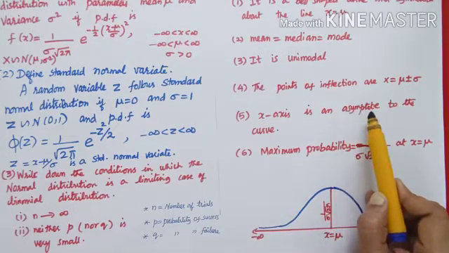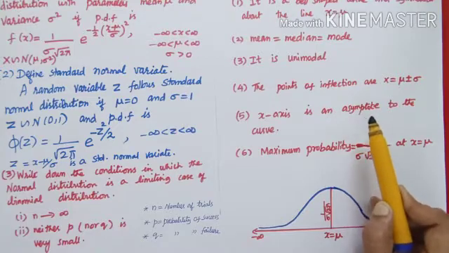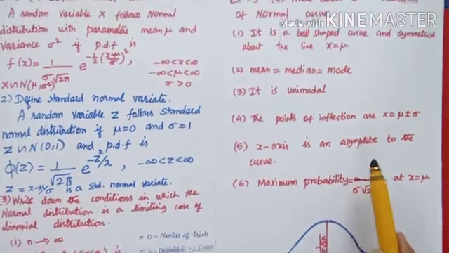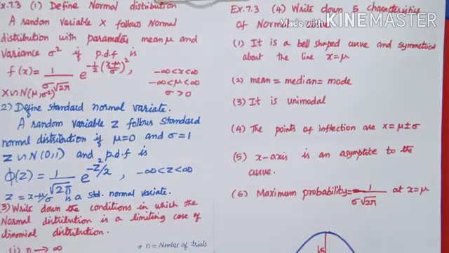The word asymptote means they touch at infinity. So when we draw the diagram, remember the curve must not touch the baseline. The baseline here is the x-axis, so we call the x-axis an asymptote to the curve. Asymptote is a tangent at infinity.